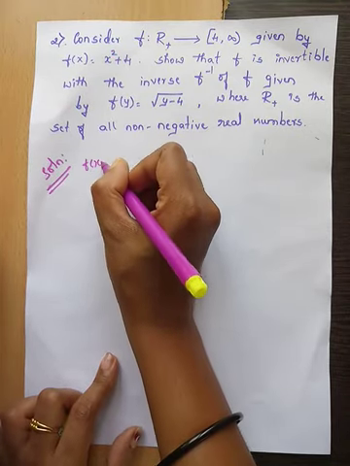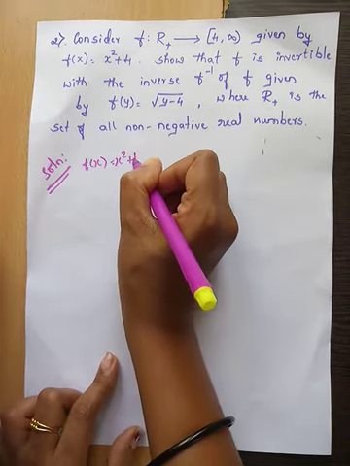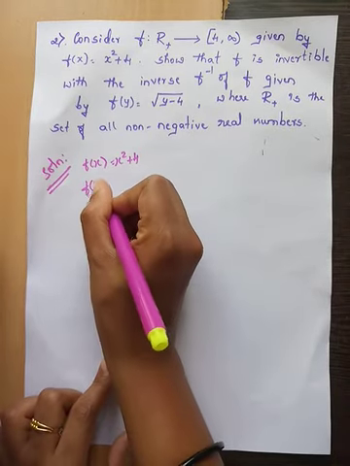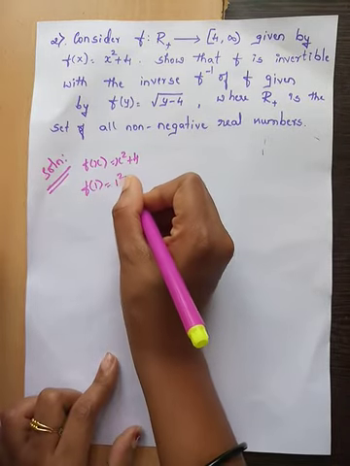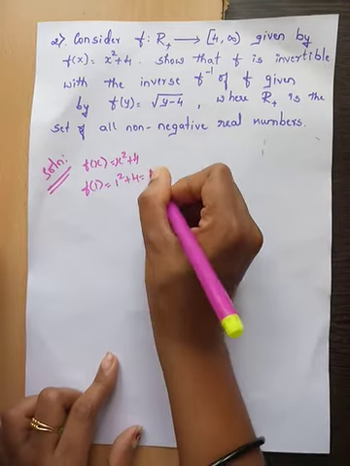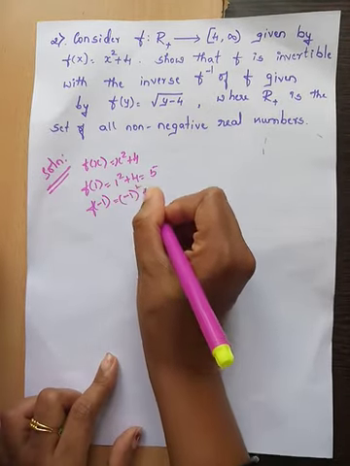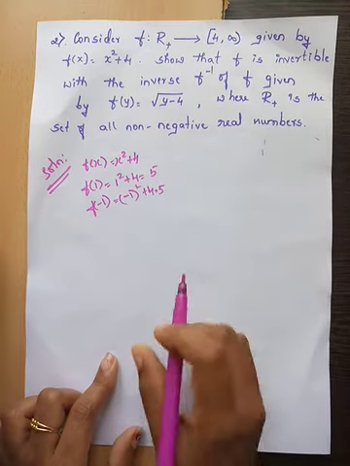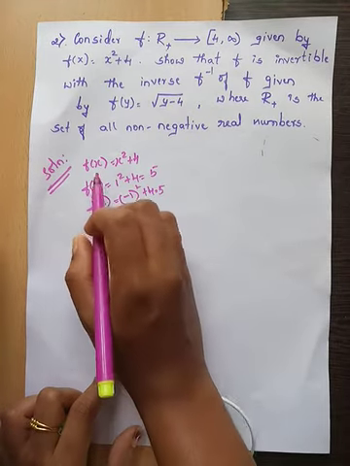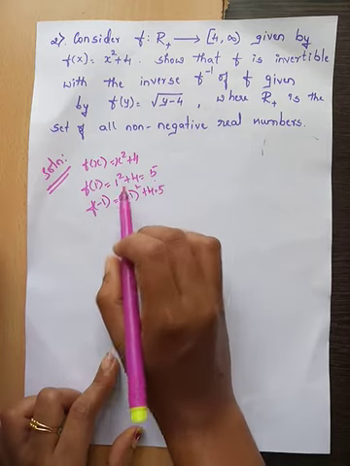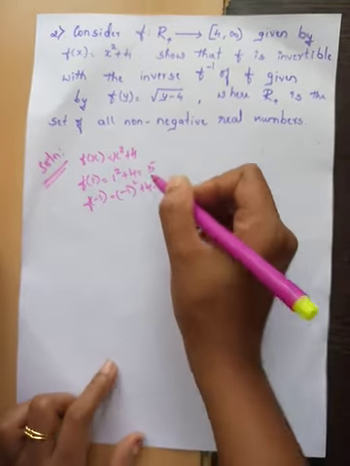We have f of x equal to x square plus 4. Then f of 1 will be 1 square plus 4, that is 5. Then f of minus 1 is minus 1 square plus 4, which is also 5. So 1 has the image 5 and minus 1 also has the image 5.